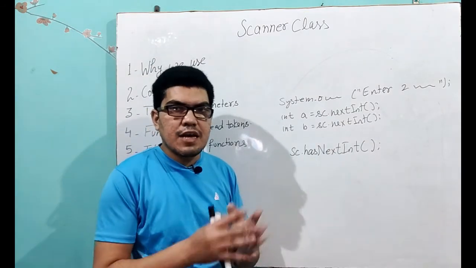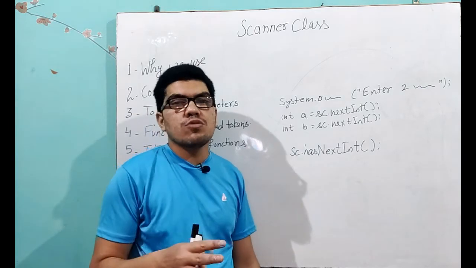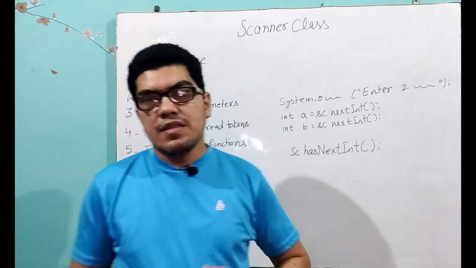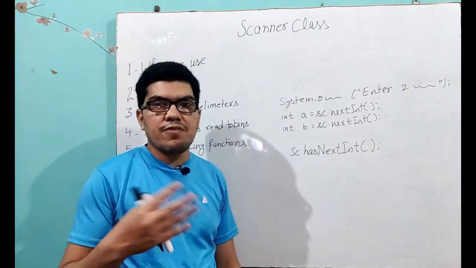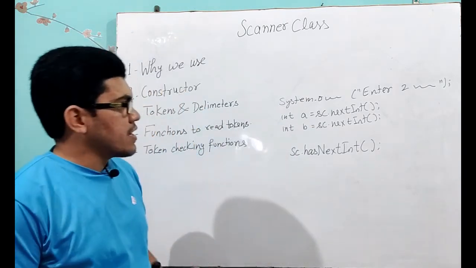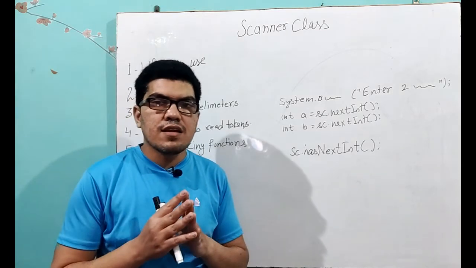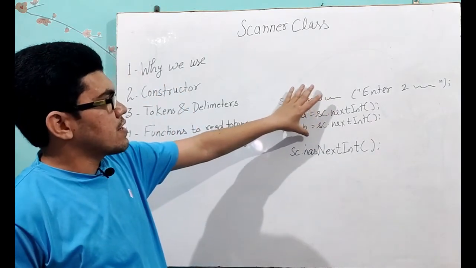If it is int type, then it returns true. If it is not int type, then it will return false. So with the help of if else, we can check and we can complete our program.